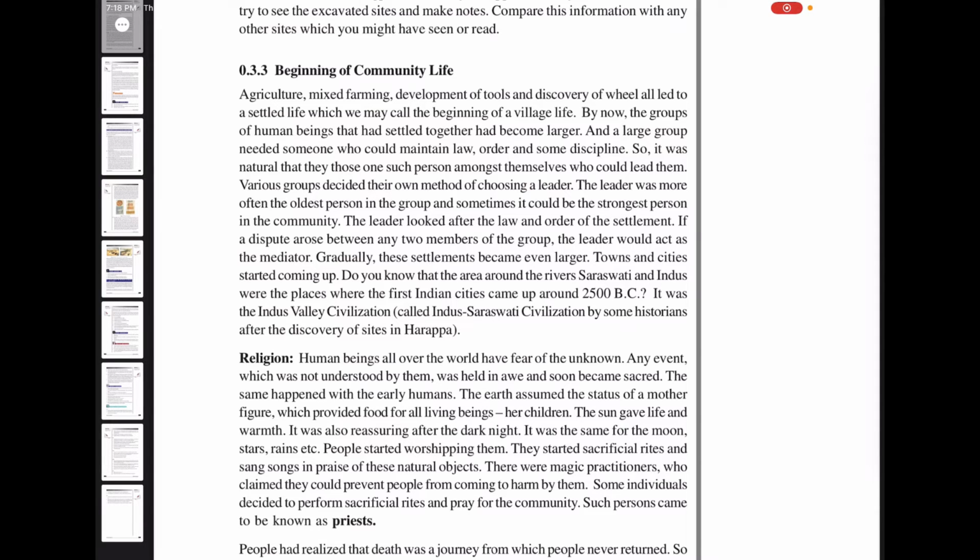Do you know that the area around the rivers Saraswati and Indus were the places where the first Indian cities came up around 2500 BC? It was the Indus Valley civilization, called the Indus Saraswati civilization by some historians, after the discovery of sites in Harappa.